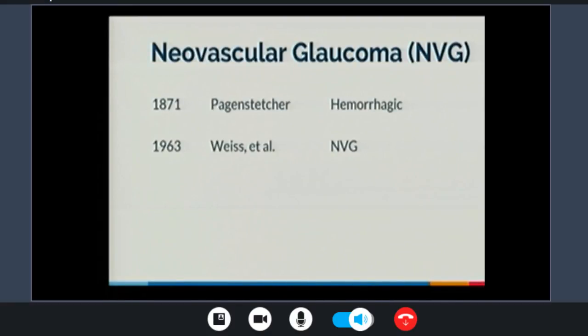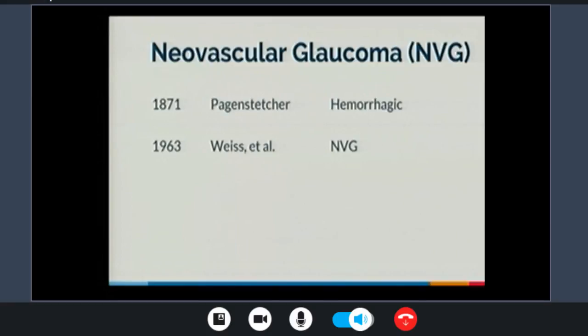Actually, the situation is not, and as Wey and his group described it in 1963, they gave the current name for the disease, neovascular glaucoma, referring to the exact underlying pathology: the presence of new vessels on the iris and on the angle that are obstructing, and these abnormal vessels associated with fibrovascular tissue closing the angle, whether in its open stage or when it contracts and leads to synechiae formation.